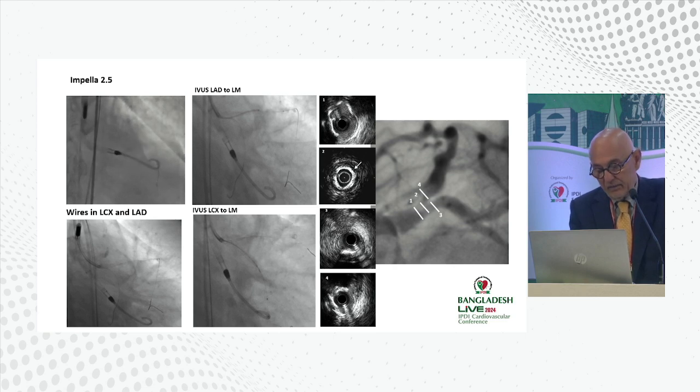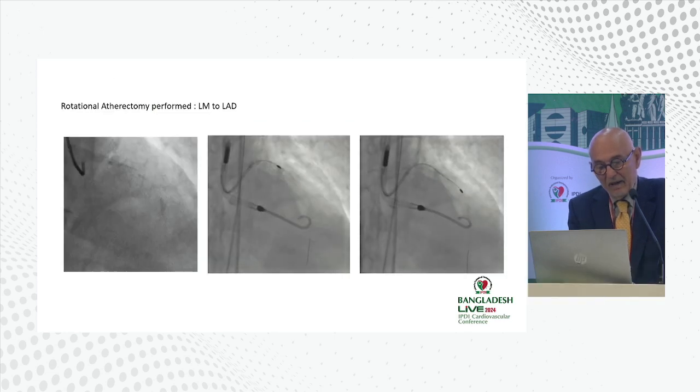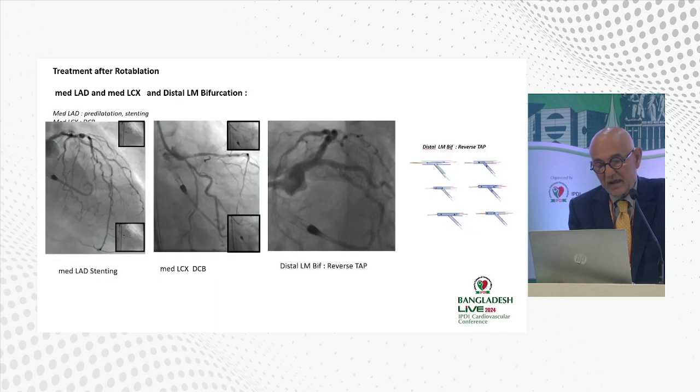The Impella was placed before doing anything. Then we were able to do IVUS and see that the severe calcification was mostly at the distal left main, and we went for ablation, rota ablation, as you can see here. Then it was completed.